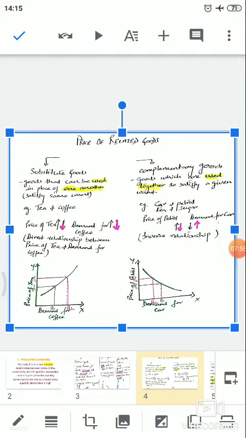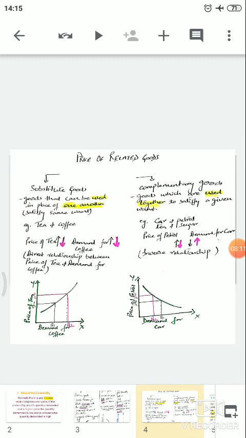So there is a direct relationship between the price of the commodity and demand for its substitute good. You can see from here, the graph shows that as the price of tea rises from P1 to P2, the quantity for coffee increases from Q1 to Q2.